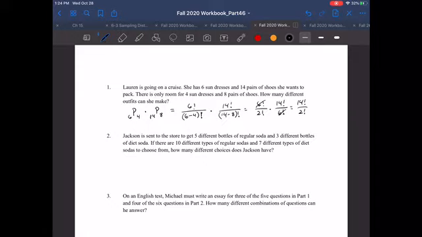So don't make it 7 factorial. You don't do that. So this would have to be 14 times 13 times 12 times 11 times 10 times 9 times 8 times 7 times 6 times 5 times 4 times 3 times 2 times 1 over top of 2 times 1. And the 2 and the 1s will cancel like that.